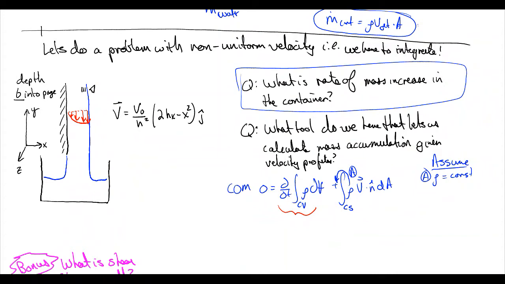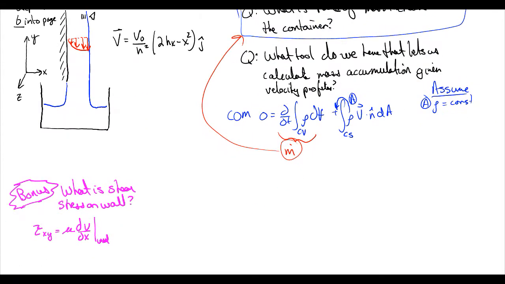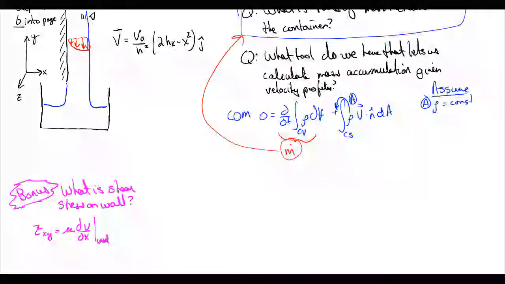So this is m dot, and this is what we're looking for. So let's simplify this a little bit. We now know that negative m dot is equal to rho times the integral over our control surface of v dot n hat dA.